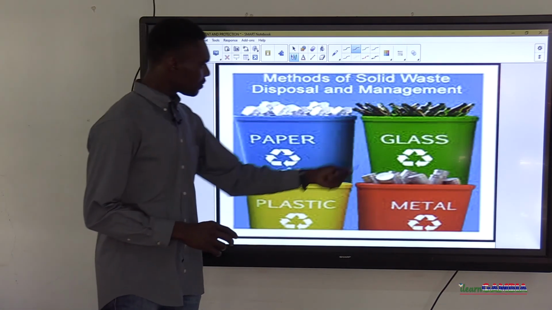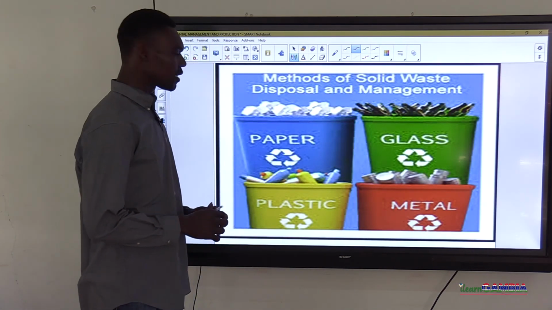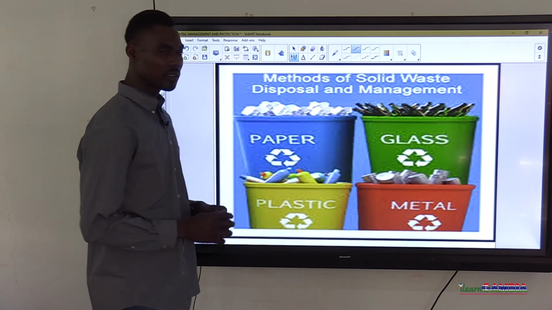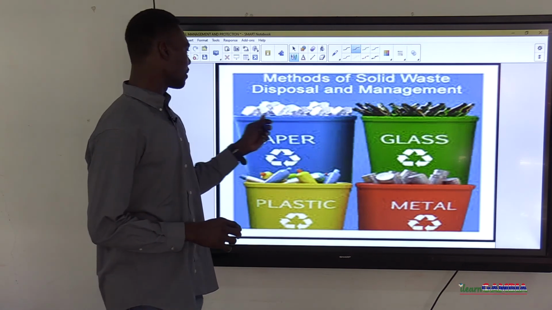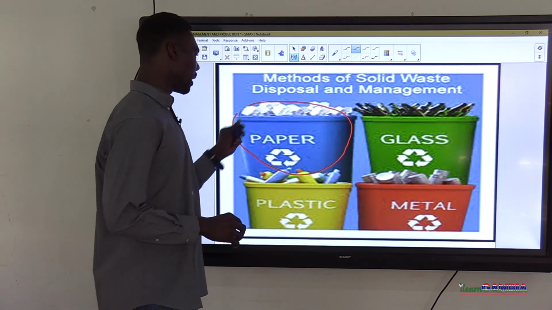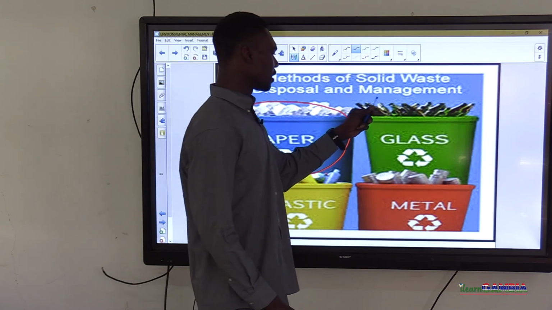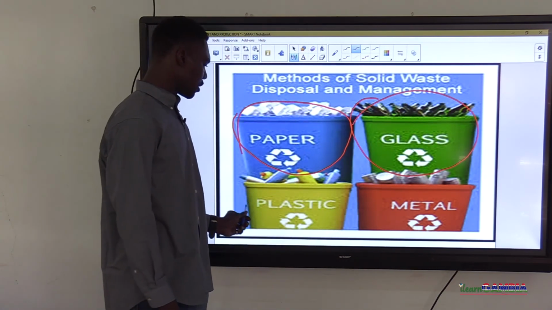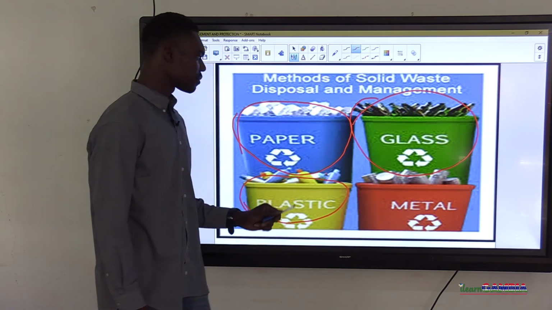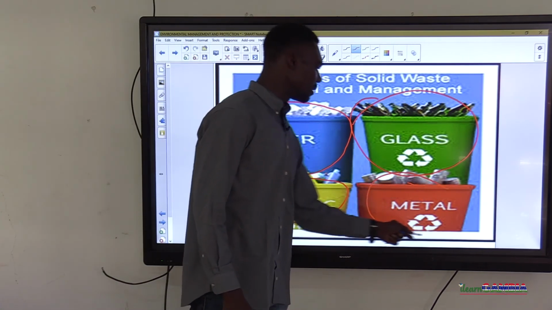So here is a picture showing you how we collect some of this refuse and then recycle it. This dustbin contains paper, this other one glass, this other one plastics, and this other one metal.